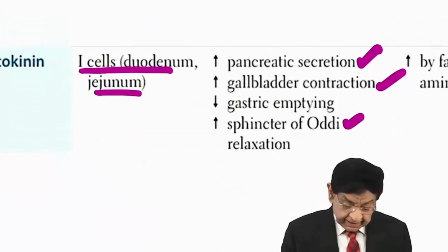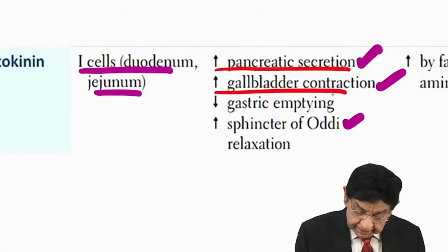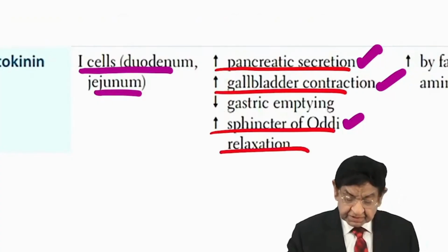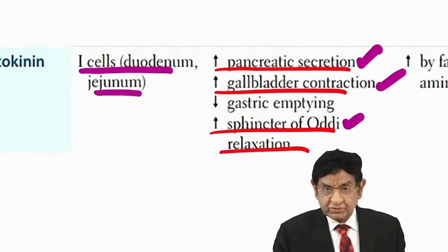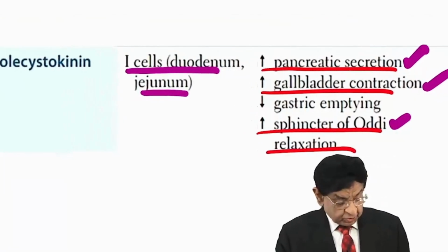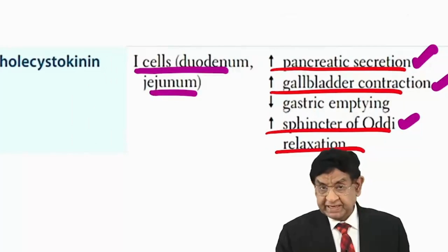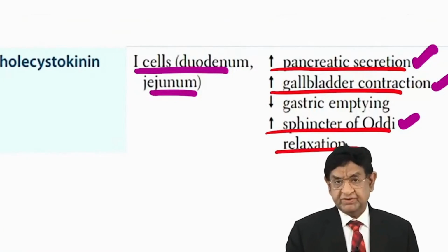Okay, so again, I am talking about what is relevant to my talk today. These are the three things I am concerned with. You also note down what is relevant to our talk on the gallbladder. So, cholecystokinin increases pancreatic secretion, increases gallbladder contraction and relaxes the sphincter of Oddi.